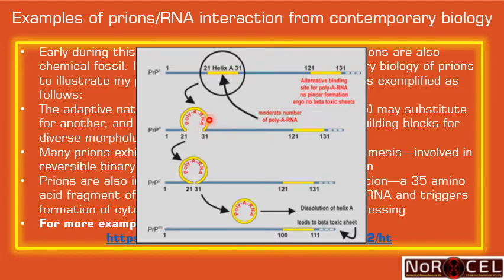A pincer-like loop will be formed, and this will eventually get excised from the main prion and dissolved, leaving behind an activated toxic prion. And if poly A were to attach elsewhere, not between amino acids 21 and 31, then nothing really happens. It remains non-toxic.